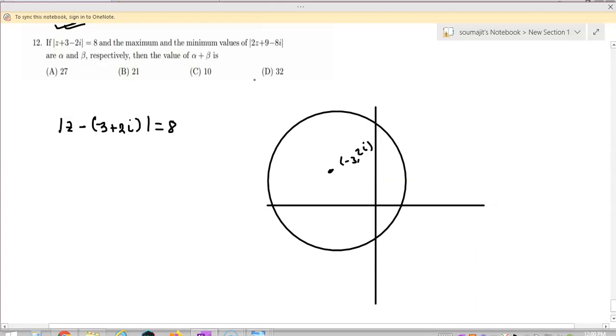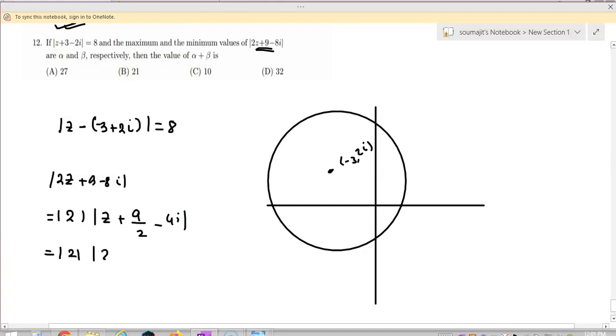Now observe this. You can write it as mod of 2z + 9 - 8i, right? So taking 2 as common, I can write it as 2 times mod of z + 9/2 - 4i, which is also 2 times mod of z minus (-9/2 + 4i).